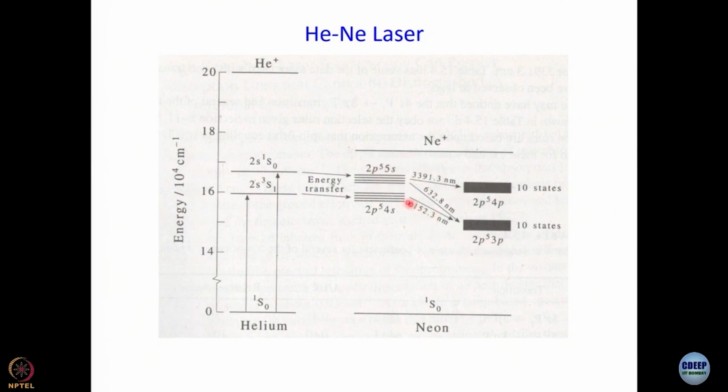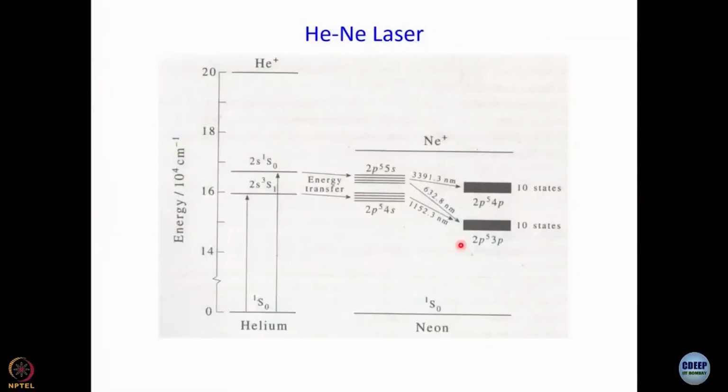If you have one Ne plus in 2p5 4s state, population inversion is achieved between 2p5 4s and 2p5 3p, right, and that is why you can get lasing, and that is why you get continuous wave lasing, because the final state to which the system goes as a result of the radiative transition has a population of 0 almost always.